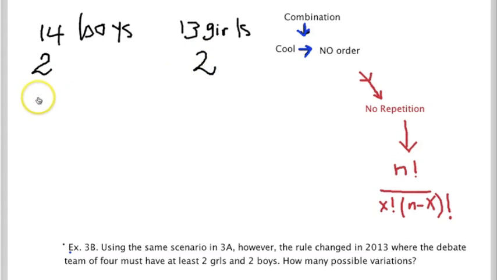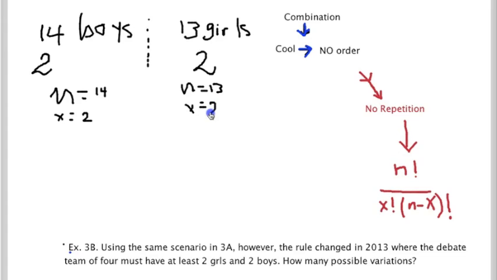Okay, so in this case, we gotta look at each separate situation. So then we have n is equal to 14 on this side, and then x is equal to 2 here. Okay, and on this side we have n is equal to 13, and then x is equal to 2.